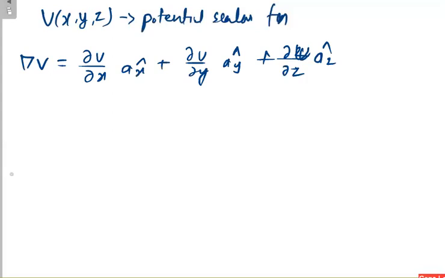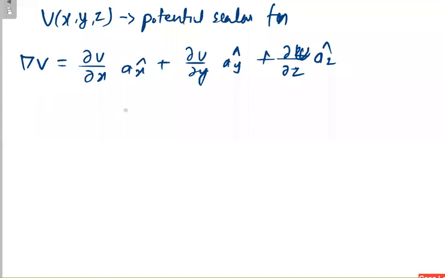There I would have used some variable f; instead of f, you use V here. Once you take the gradient, the function has to be a scalar function, but finally you will get a vector. That is the idea.